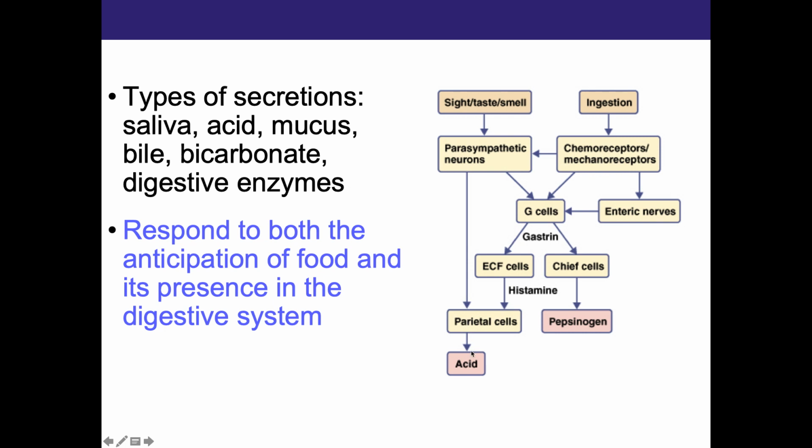Then with ingestion, you get mechanoreceptors that trigger G cells to secrete gastrin, which triggers ECL cells, enterochromaffin-like cells, and chief cells. More acid secretion. Chief cells now secrete pepsinogen, and so on. So this gives you more information about the global response.